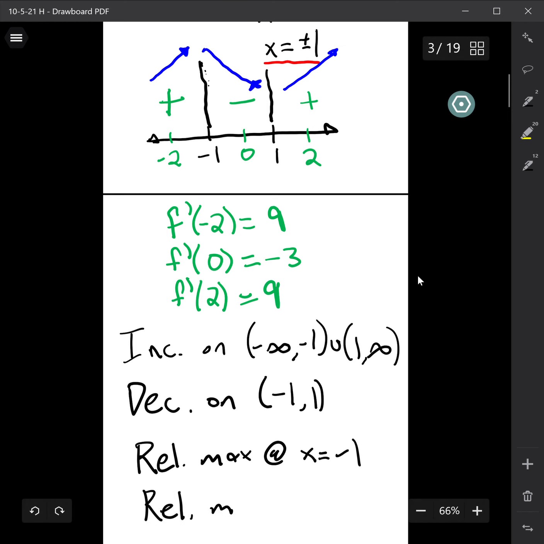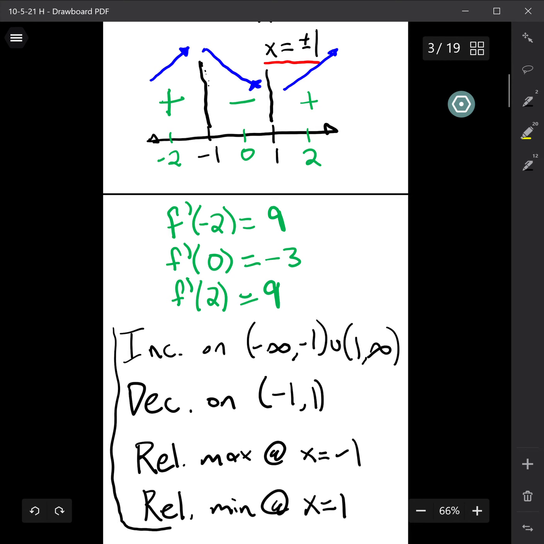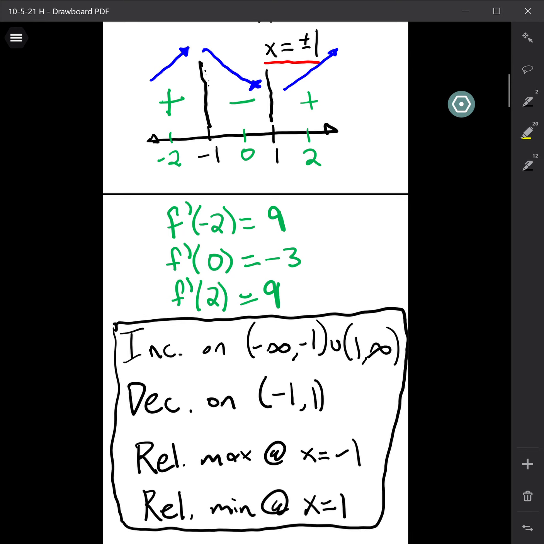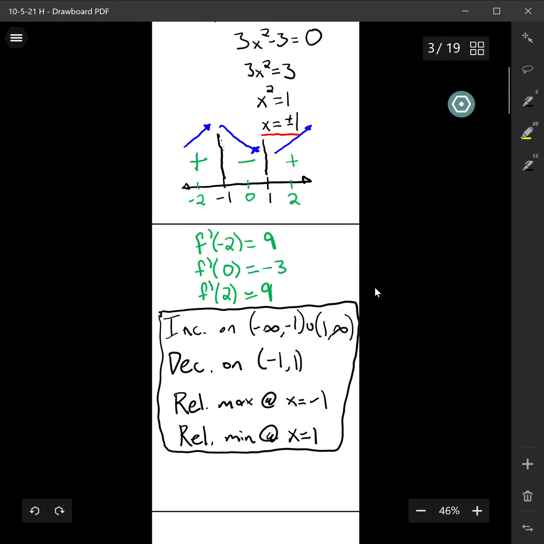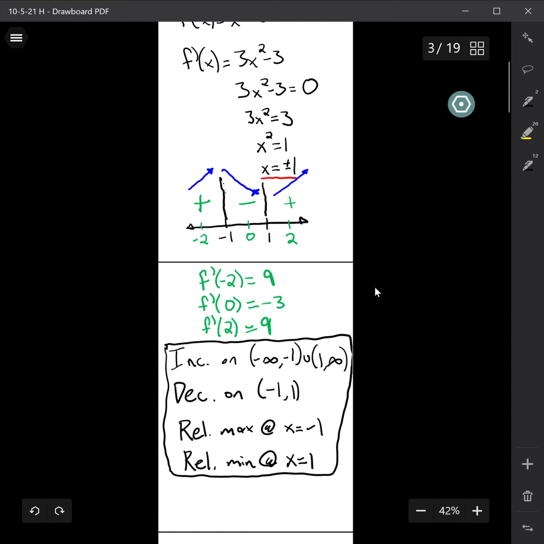We'll have a relative min at x equals positive 1 because I go from decreasing to increasing there. And we'll have no horizontal points of inflection because notice that at every critical point I changed. I either went from increasing to decreasing or vice versa. I never stayed increasing or stayed decreasing. This in total is how you handle one of these problems.